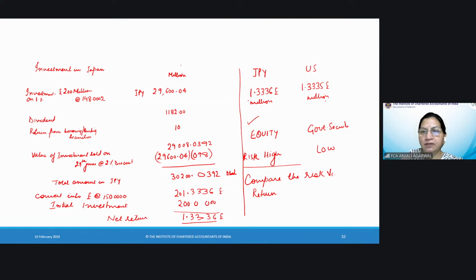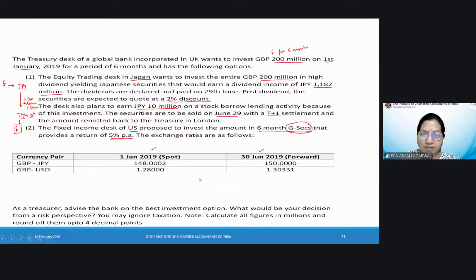So comparing the excessive return in Japanese yen, it is not taking the high risk. So if you look at from the risk perspective, it is more advisable to invest in US securities, G-SECs only, and not in the Japanese currency or Japanese equity market, right?